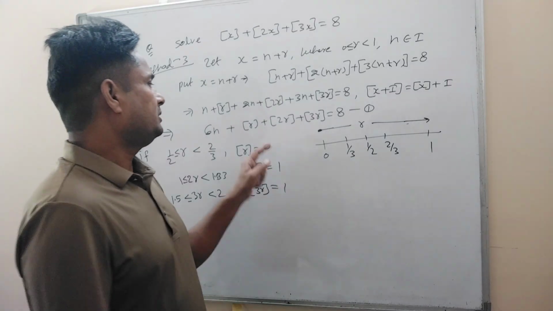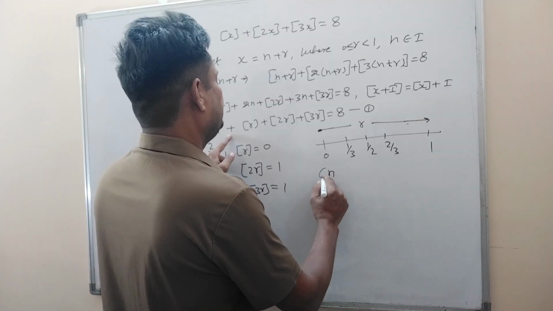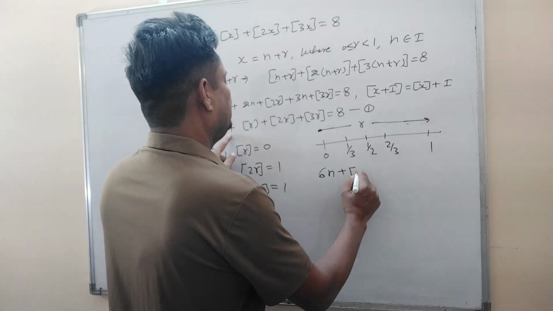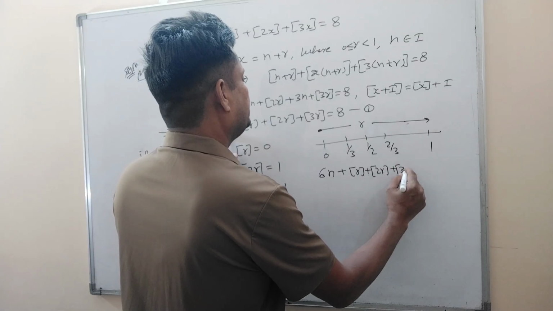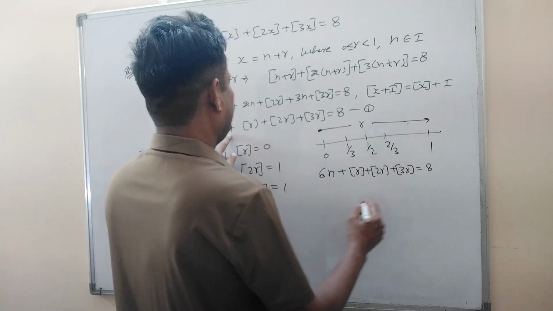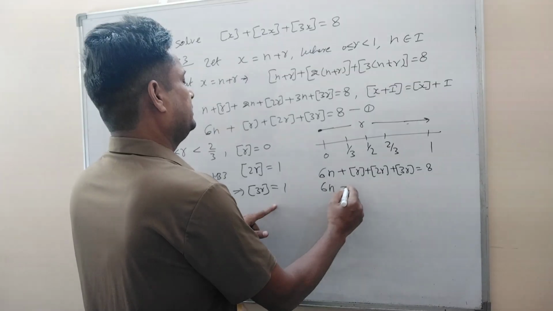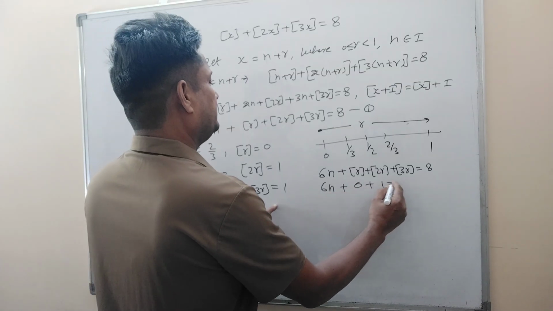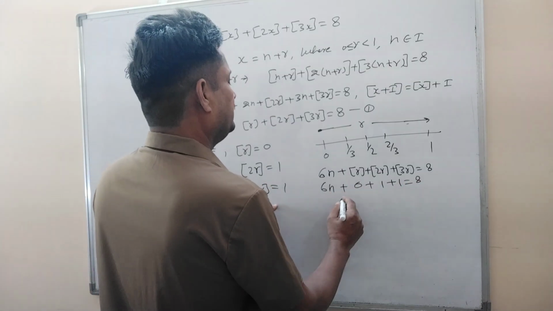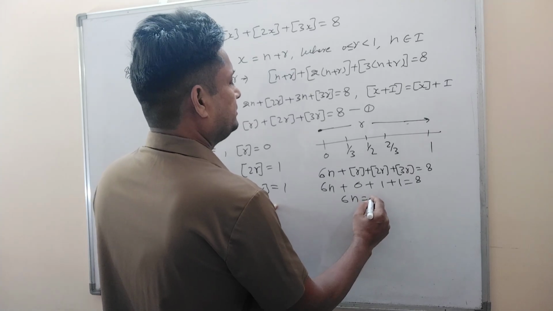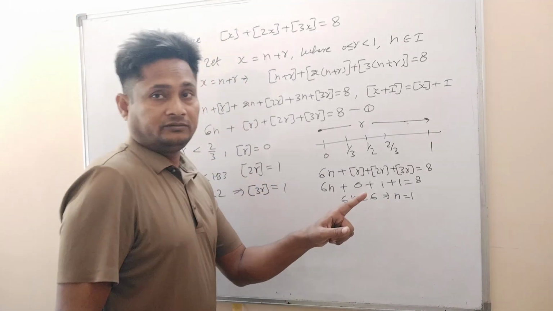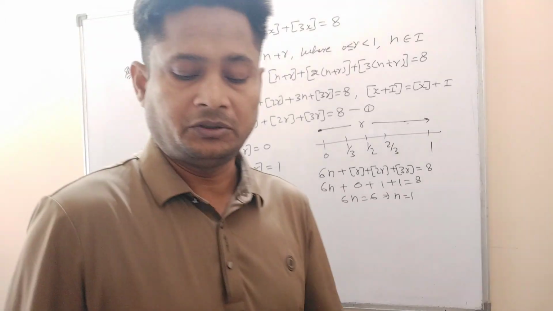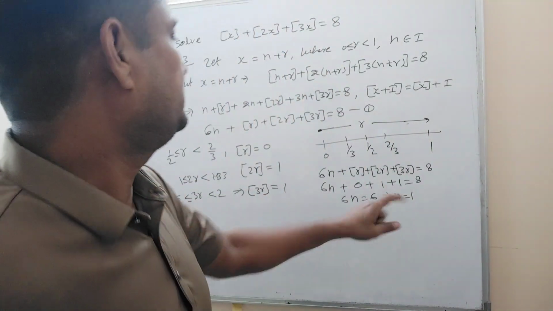So now substitute here: 6n plus greatest integer of r plus greatest integer of 2r plus greatest integer of 3r is equal to 8. Then n plus 0 plus 1 plus 1 is equal to 8. That means 6n is equal to 6, so n is equal to 1. Here we are getting a solution.